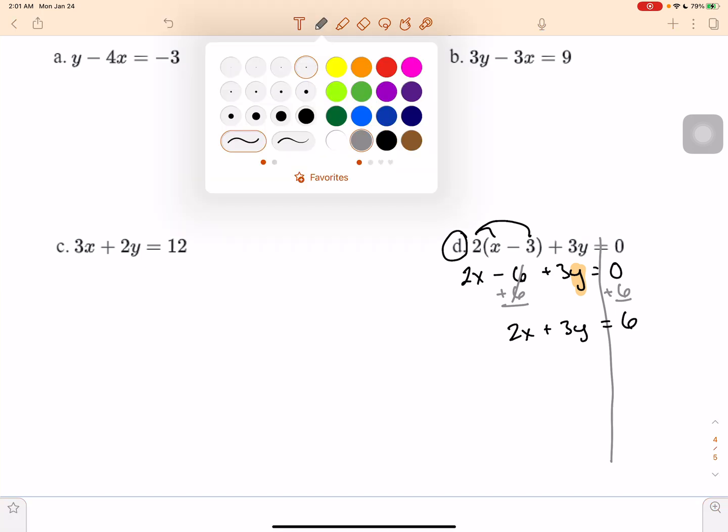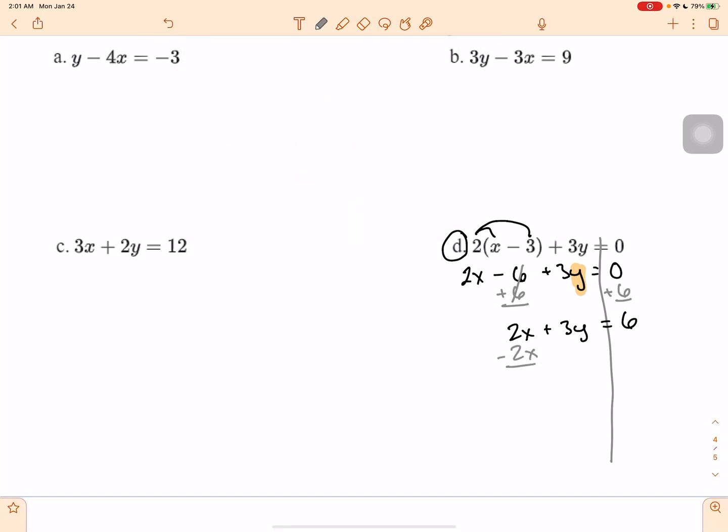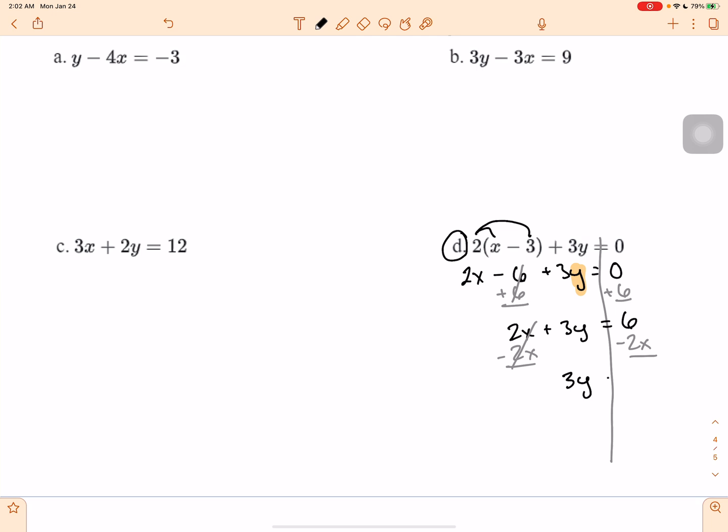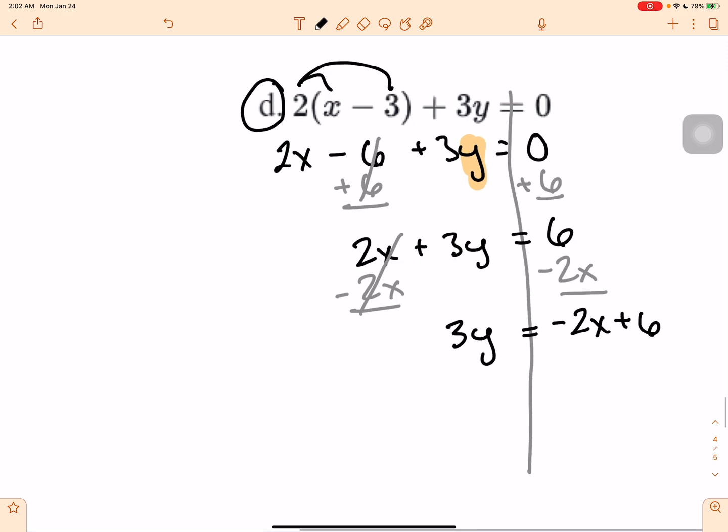And now I can also subtract that 2x. It doesn't really matter where you write it normally, but I want you guys to put it in y equals mx plus b form. So I'm going to write this negative 2x here first. Now the last thing is that there's a 3 multiplying by this y, so we need to undo that by dividing everything by 3.